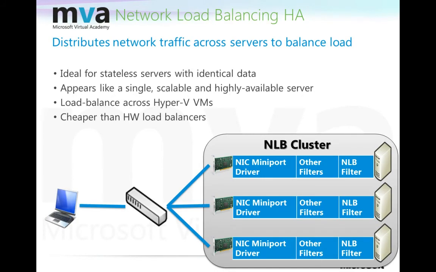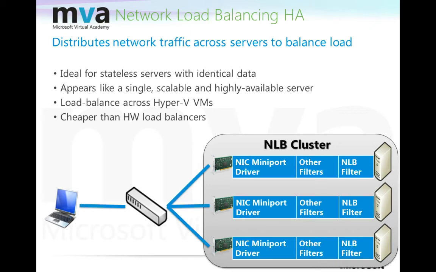Our final networking technology that we are going to cover is network load balancing. With this technology, we distribute the traffic across multiple NLB servers. You're going to use NLB anytime you have stateless servers with identical data. The reason for this is that there's no shared configuration information between the servers. So as long as one of those NLB servers is up, all of the information can be accessible.